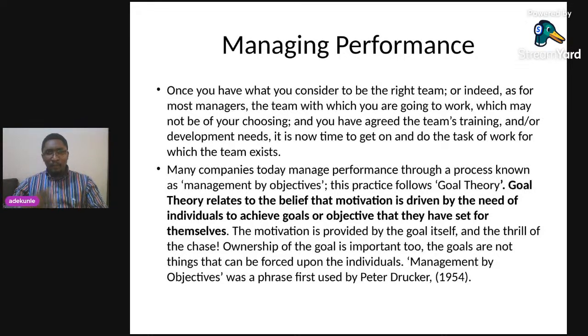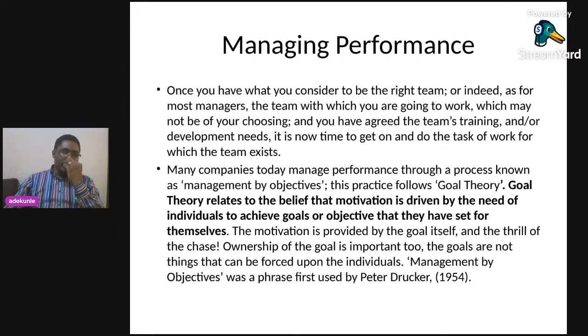All right. So many organizations today look at managing performance through a process known as management by objectives (MBO). This practice follows what we call the goal theory, because the goal theory relates to the belief that motivation is driven by the need of an individual to achieve goals or objectives that they have set for themselves.